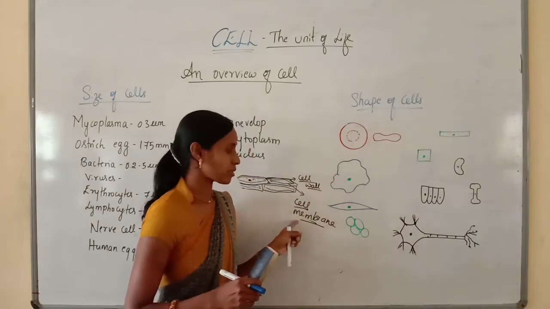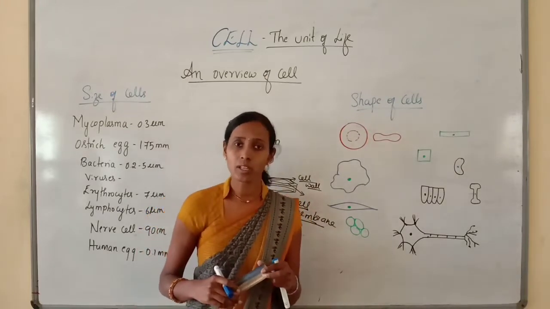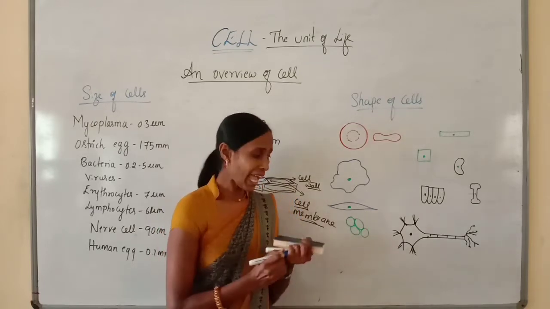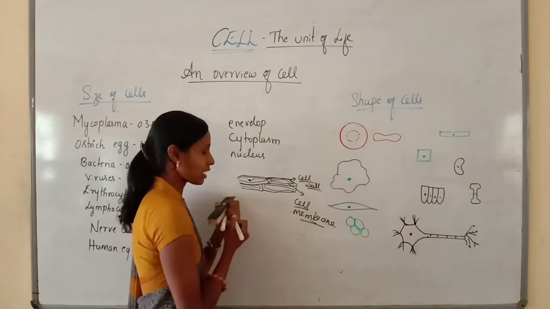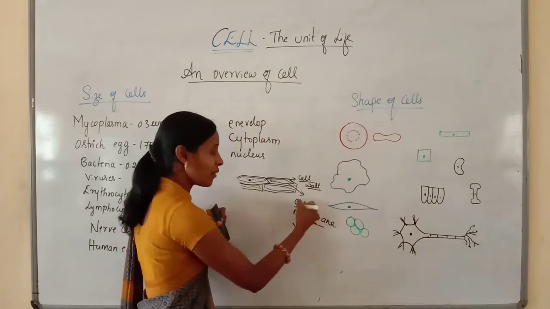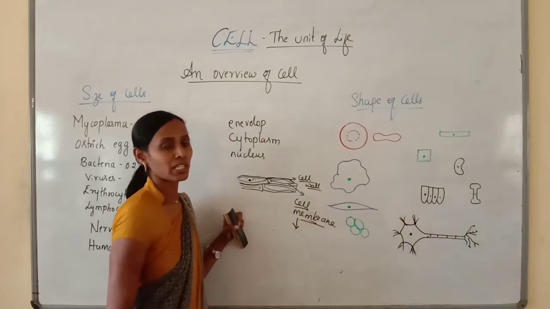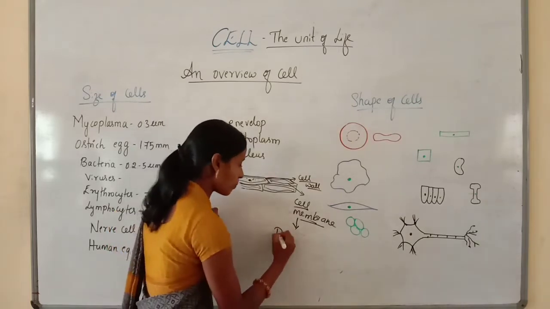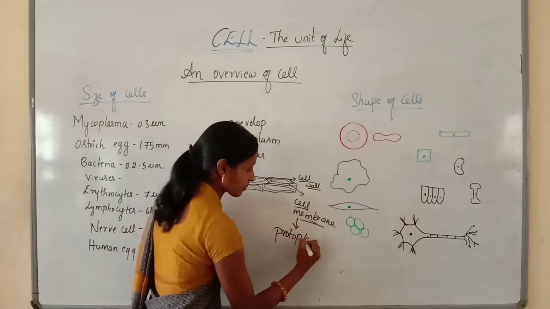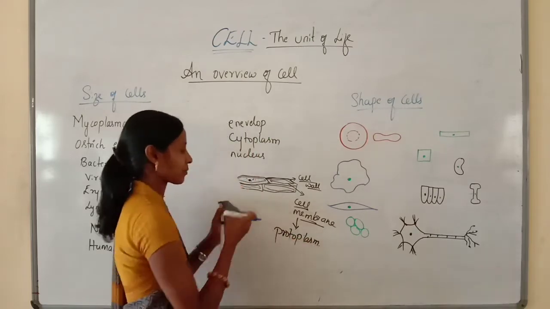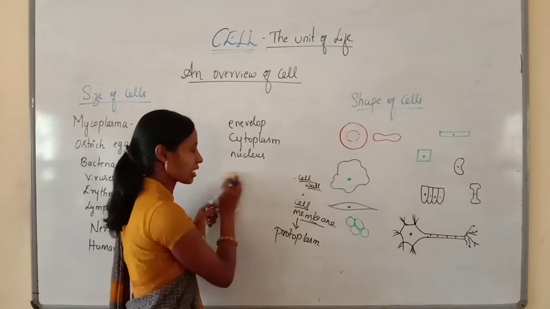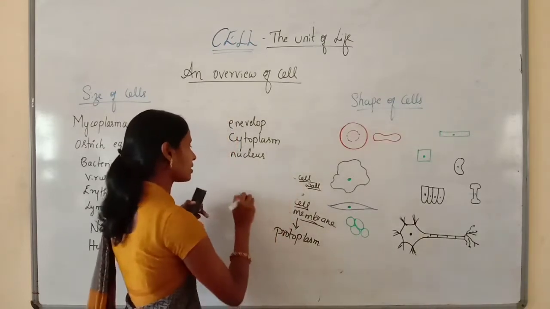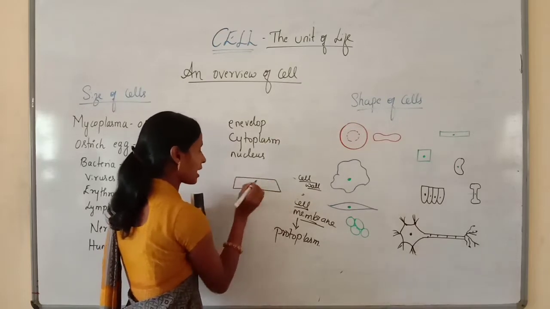But in the case of an animal cell, they do not contain a cell wall, and the outermost boundary is the cell membrane. And inner to the cell membrane, or we can say the cell membrane encloses a dense viscous fluid called protoplasm. Let me take one single cell of the onion, or we can take a plant cell or animal cell.